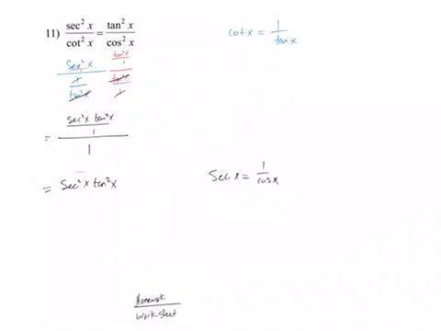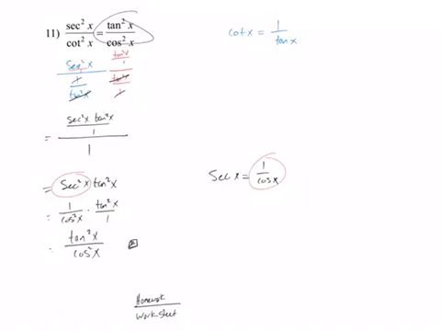So now I'm going to replace this piece with that piece, essentially. So I'm going to say 1 over cosine squared of x times tangent squared of x over 1 if you want, gives you tangent squared of x over cosine squared of x. Notice that's what we started with, so I have completed my proof.